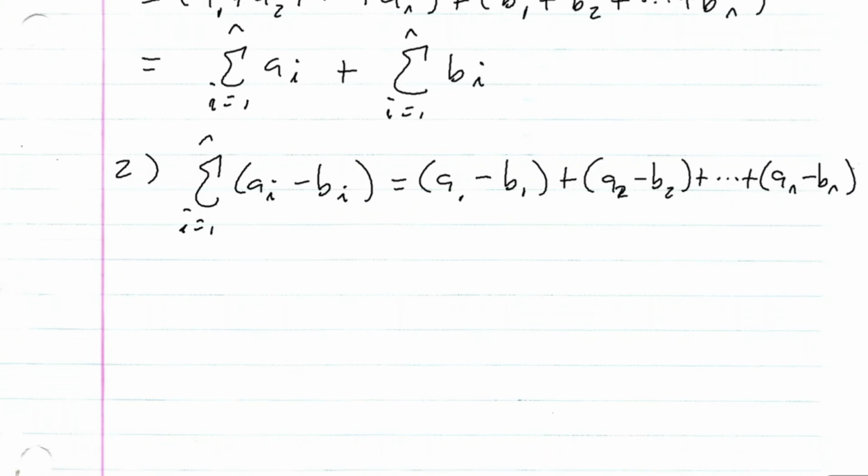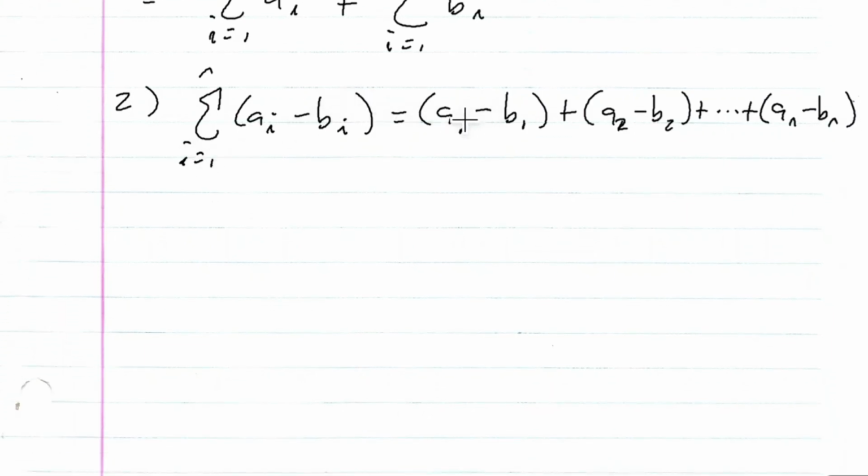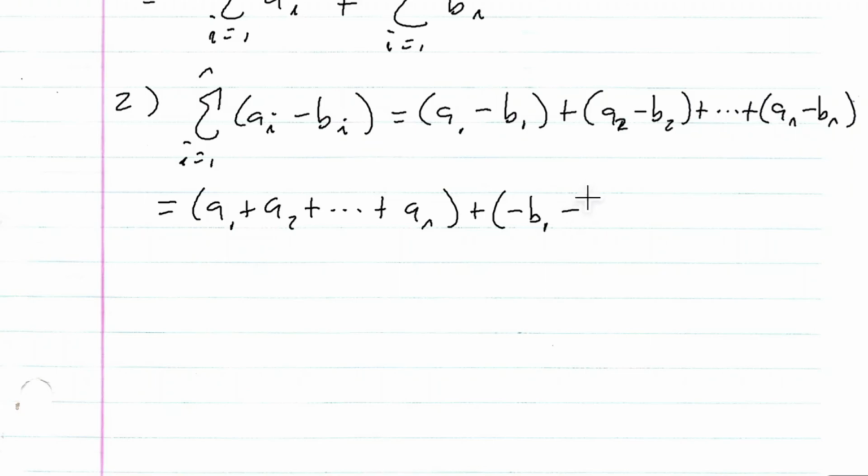Now I know I can put all the a's together, and all of them are positive. So this is equal to a sub 1 plus a sub 2 plus dot dot dot plus a sub n, and then all these b's have a minus in front of them, so plus negative b sub 1 minus b sub 2 minus dot dot dot minus b sub n.